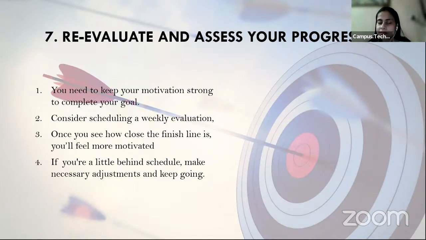Whatever time plan you have mentioned to achieve the goal need not be accurate every time, because you have written it as per your understanding, maybe your past record, maybe by checking the past progress.